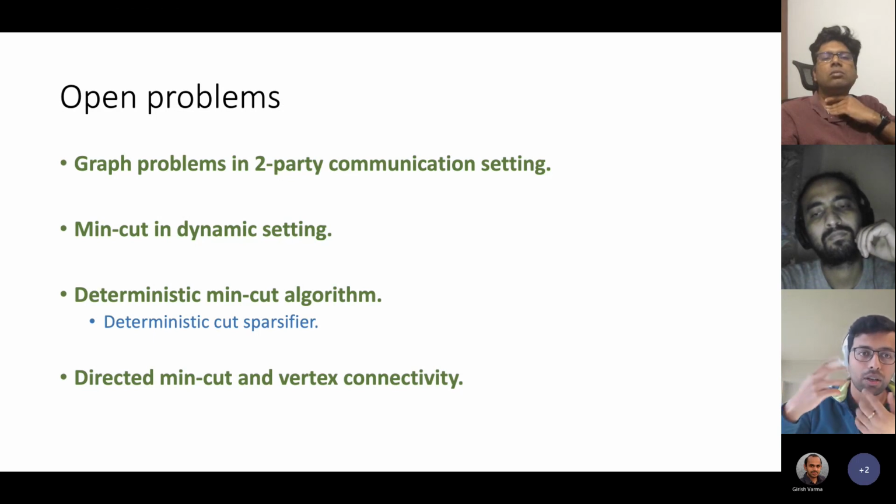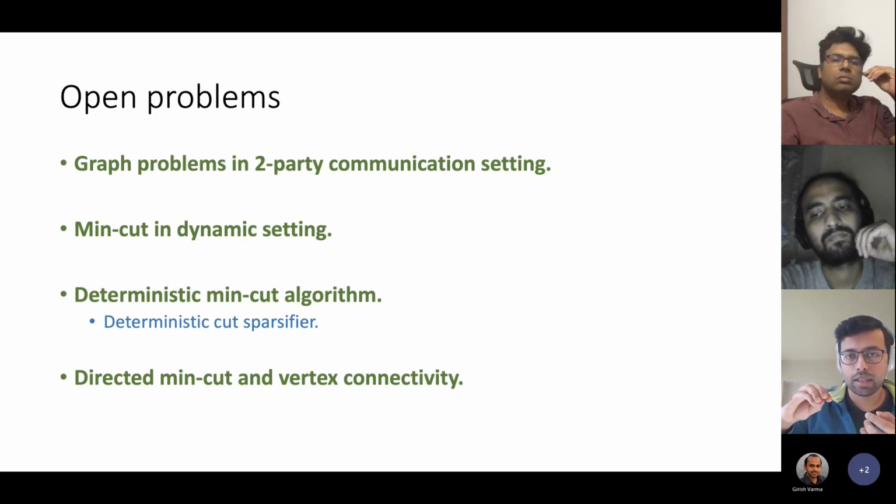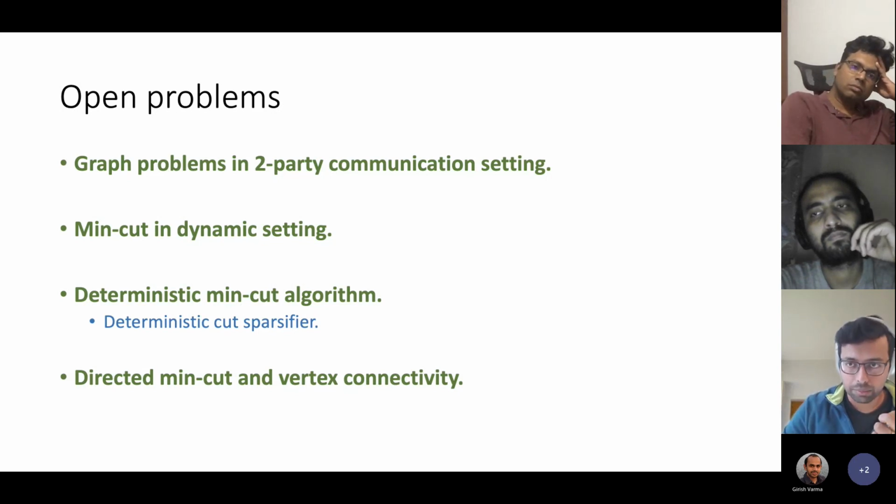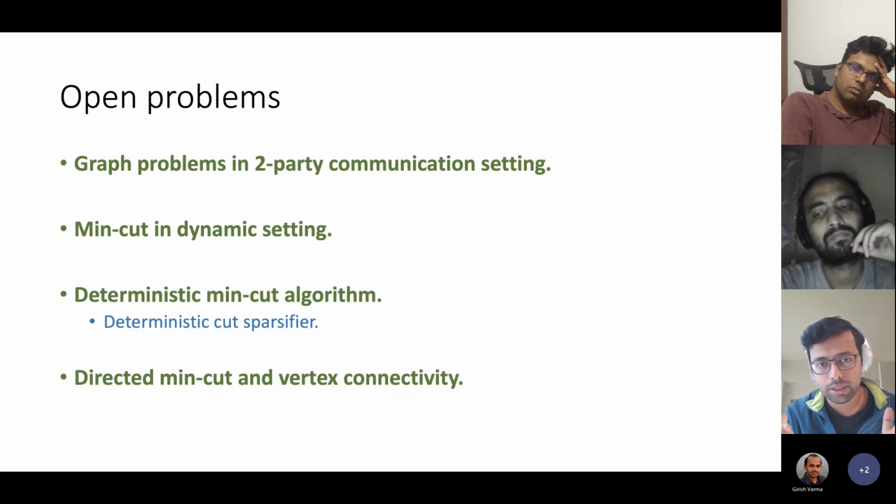So you have to somehow compute the min-cut in such a way that you can tackle small perturbations of the input, and every time with a little bit of post-processing, you can again find the min-cut. I do not see how to adapt our algorithm immediately to the dynamic setting, so that's an important question.